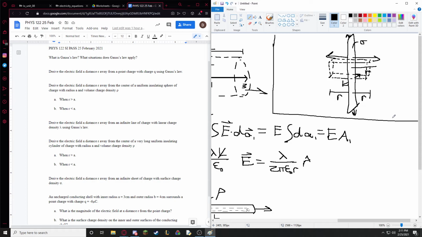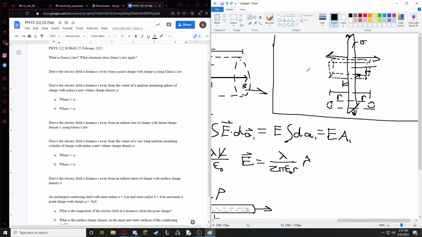All the surfaces of the cylinder would be parallel or perpendicular to our electric field, right? So our end caps are going to be parallel, and all the other area vectors for our shell are going to be perpendicular. But let's stick with this example up here.